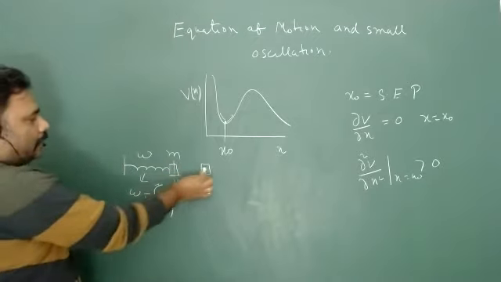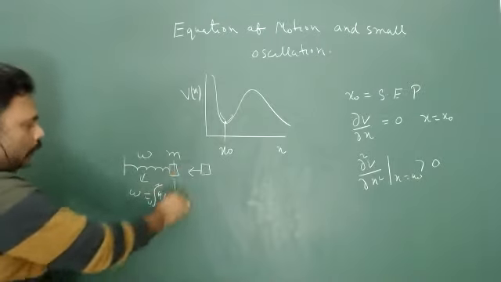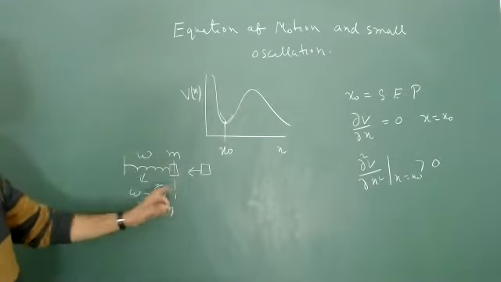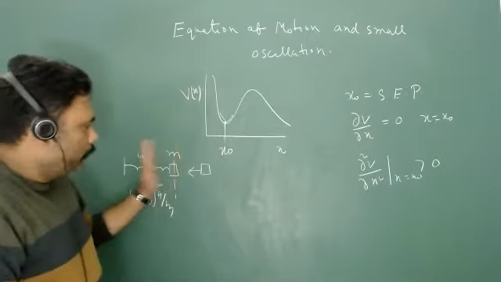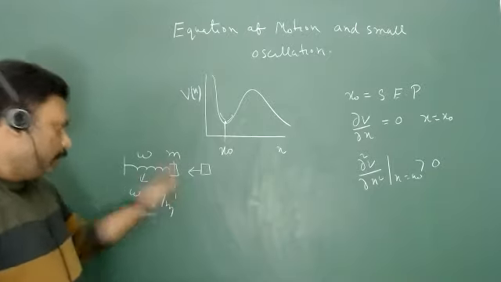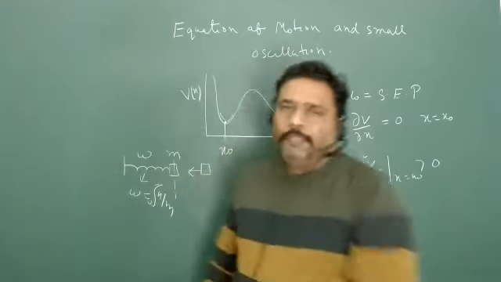Suppose we extend it in this direction, then the force will be towards the equilibrium point. Either you will push the thing or you will pull the thing, and the force will be towards the equilibrium point.